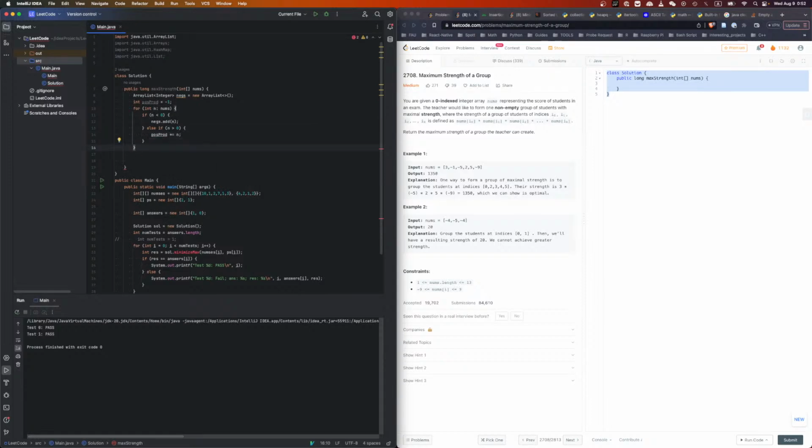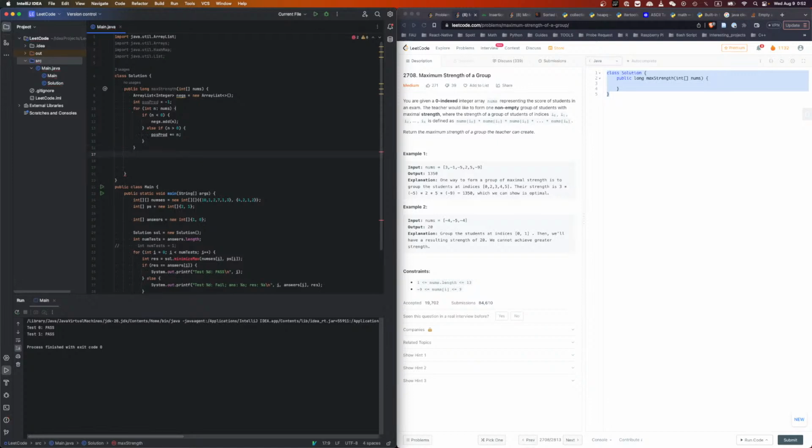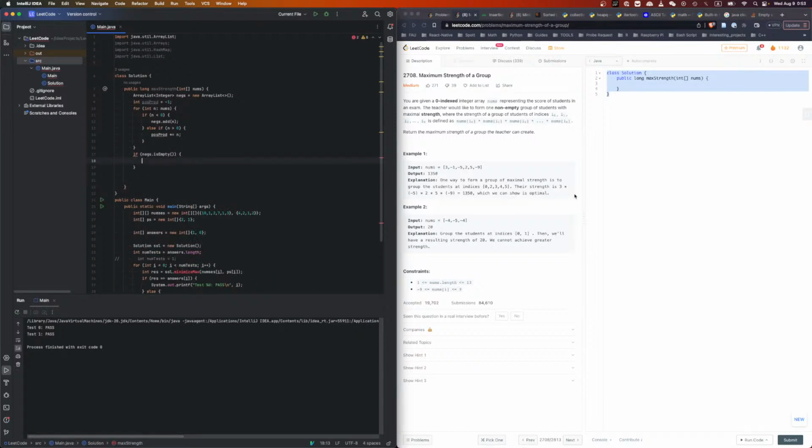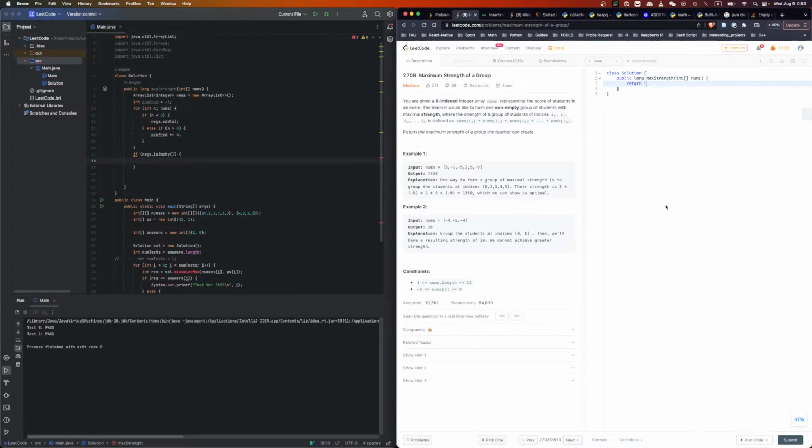Right? Now, once we're done, we say if negs.length, I think probably size, dot is empty. Oh, what if everything is empty? That's a good question. I actually don't know. What if everyone is negative? And what if we have this?